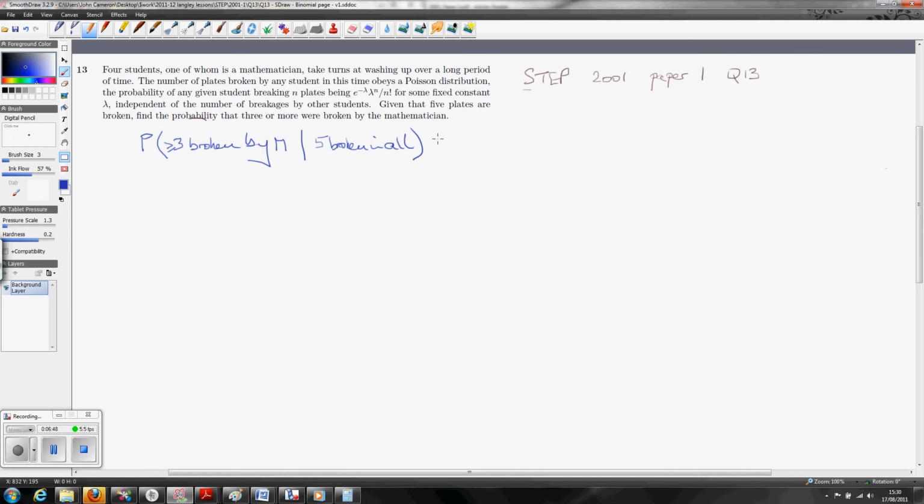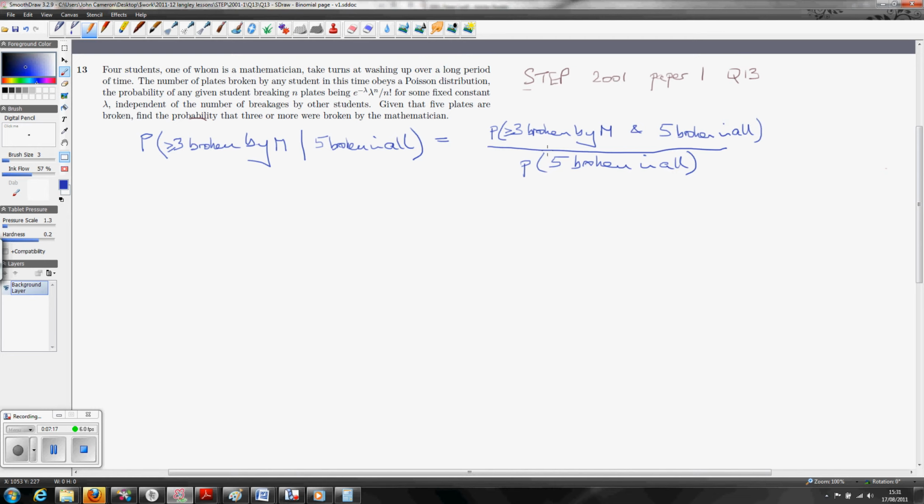In other words, I'm setting this up as a conditional probability, and that's equal to the probability that the number broken by the mathematician is greater than or equal to 3, and 5 are broken in all, over the probability that 5 are broken in all.